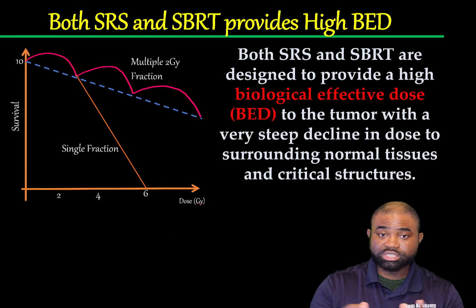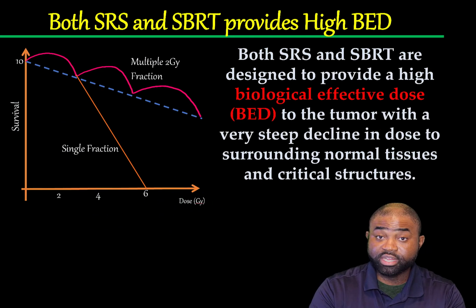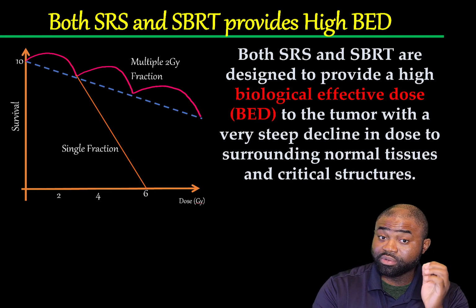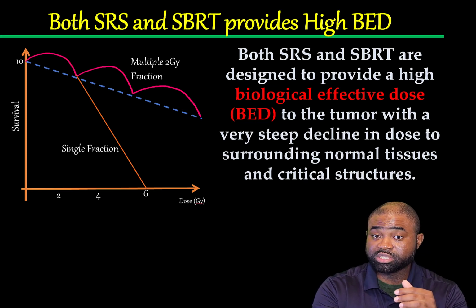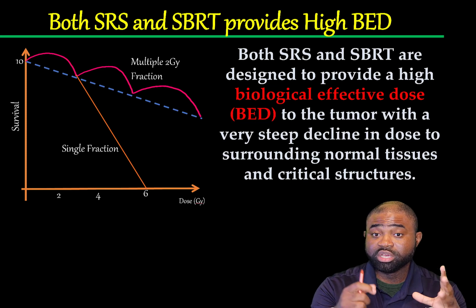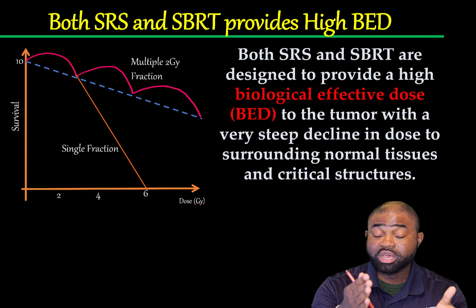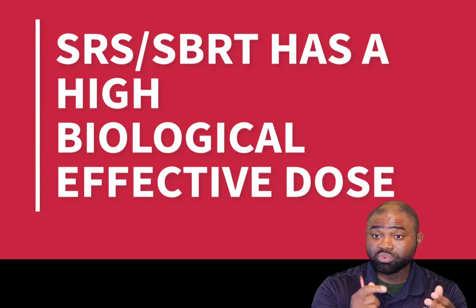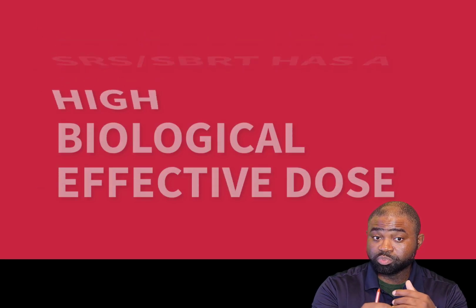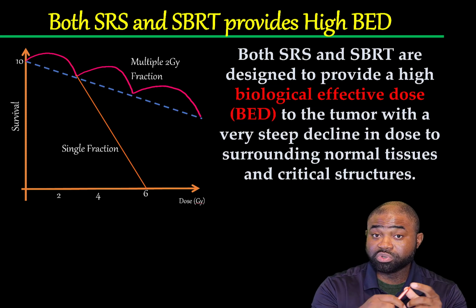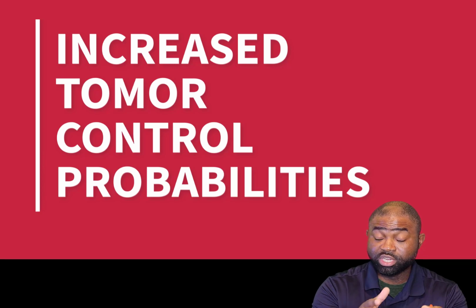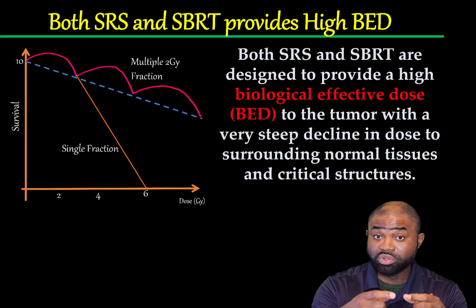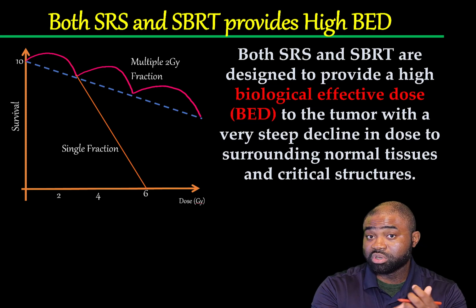So, what really stands out for both SRS and SBRT? What you need to keep in mind is that the primary rationale for both is to deliver a significantly higher biological effective dose, which in turn improves local tumor control by increasing the tumor control probability, and at the same time necessitates a steep dose gradient and very high conformality in order to decrease the normal tissue complication probabilities.